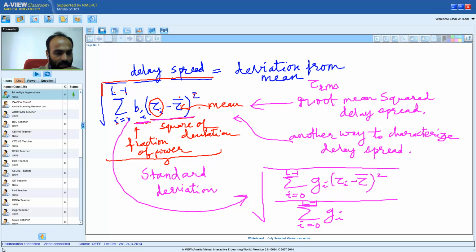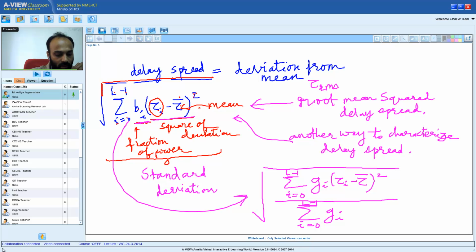Why is that? Can someone justify it? Well, square root will give a negative value, but can standard deviation be negative?